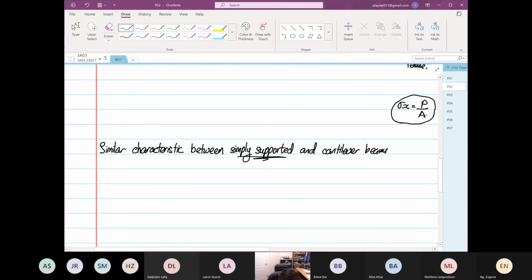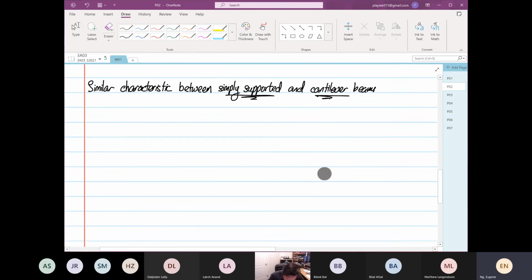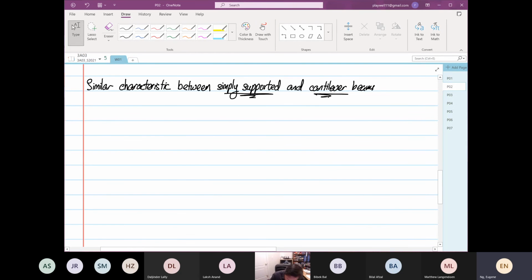Okay. So I want us to look at two configurations of our structure, and there are similarities. So if we look at simply supported, I'm going to draw simply supported.